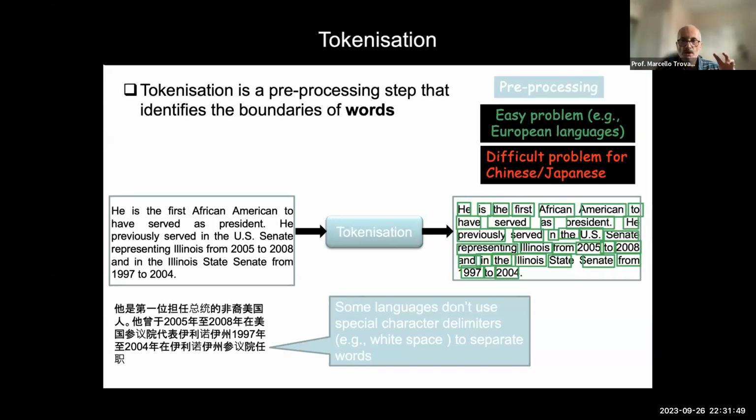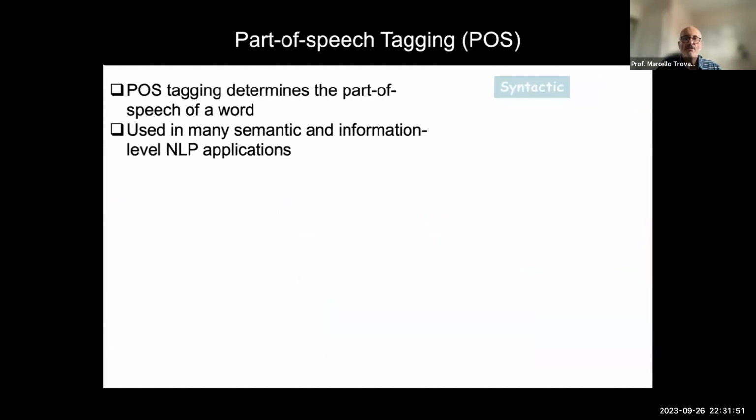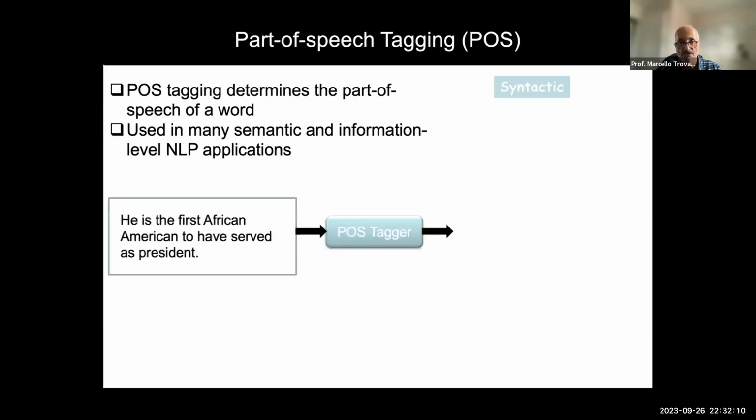Now we have words, and the words need to be put into a specific role. So we have the syntax, and this POS, part of speech tagging. Every word will be tagged with some syntactic information.